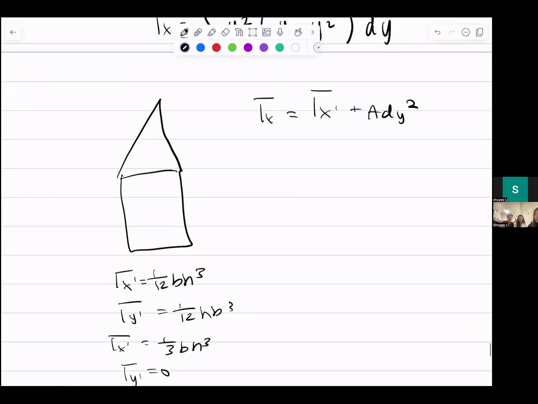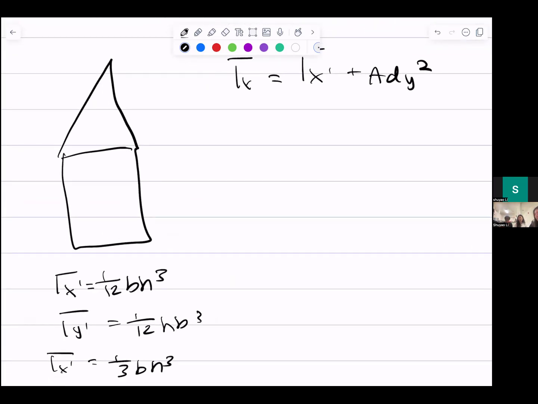Okay. To find this, first we want to find the local centroids. Mohammed went over that in the composite bodies. So you basically want to sum up, use this formula to find the centroid.